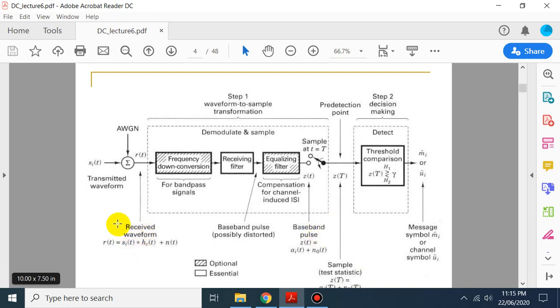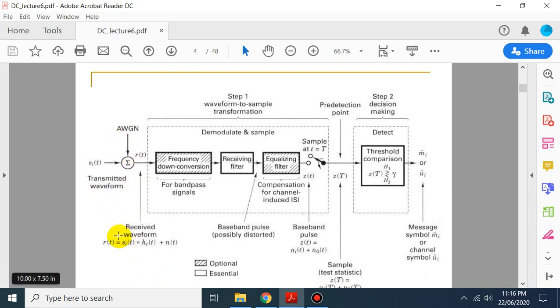As for the received waveform at the receiver, we will call it r(t). It involves two signals, s_i(t) and AWGN, coming from the channel.